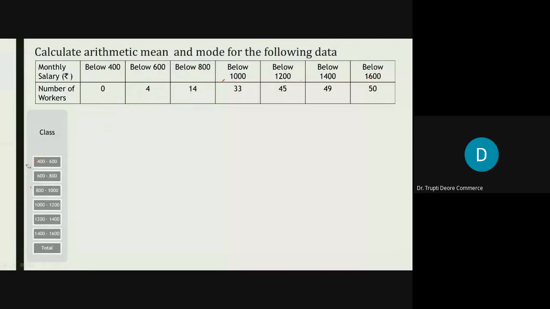So next, what is the frequency? It's as it is. Now it's ascending, right? It means it has an increasing trend: 0, 4, 14, 33, 45, 49, 50. It means it's a less than cumulative frequency. For the less than, we calculate from the first class to the last class by addition.